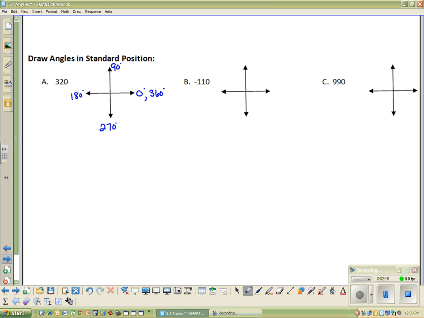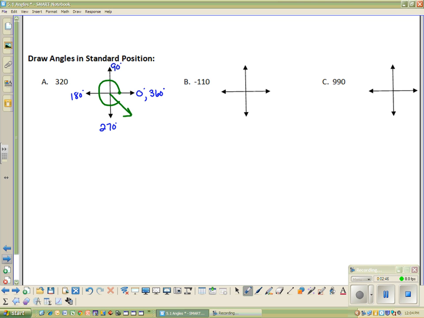So one full revolution will be 360 degrees, just like we know the degrees of a circle. If I want 320 degrees, I am going to start at the initial side and wrap around until I finish a little bit beyond 270, and that would be my angle. So it starts at the positive x-axis, wraps around, and finishes down in quadrant 4.